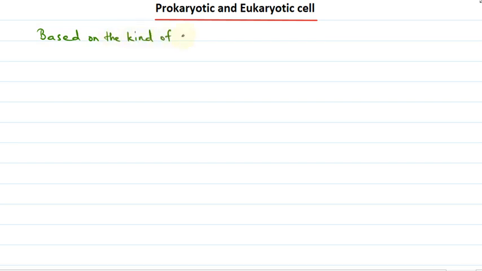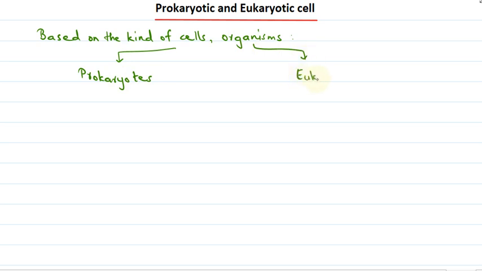Organisms can be divided into two types, that is prokaryotes. Prokaryotes are those organisms that have prokaryotic cells, and the other one is eukaryotes. So eukaryotes are those organisms that have eukaryotic cells.